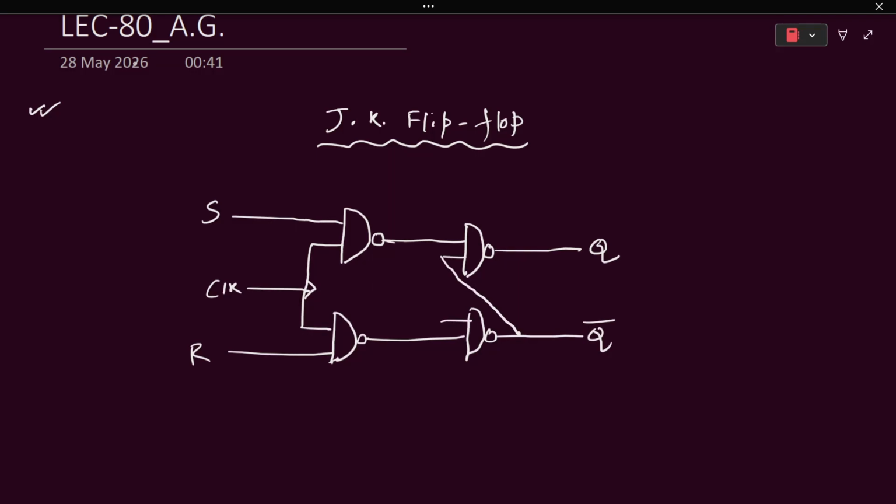So this is SR, the inputs, and we integrate it with the clock, and after that we'll get the output Q and Q complement. Okay, this is the basic circuit of the SR flip-flop, as you are already familiar with that one.